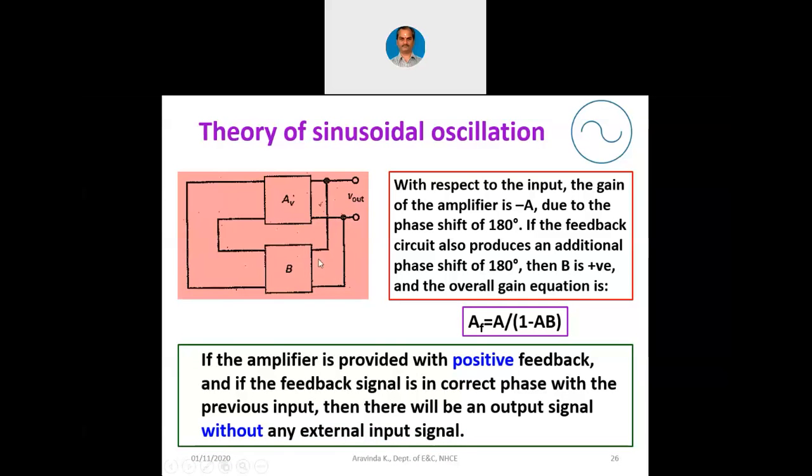If the amplifier is provided with positive feedback, and if the feedback signal is in correct phase with the previous input, then there will be an output signal without any external input signal. That is the basis on which we construct oscillators.